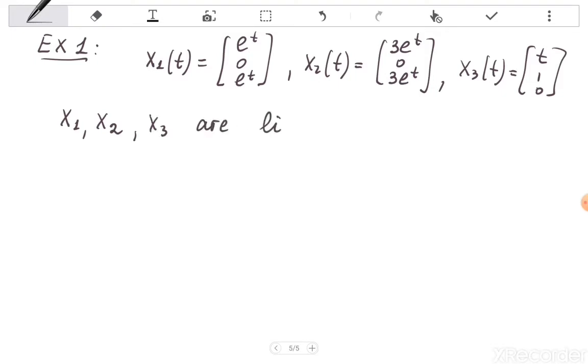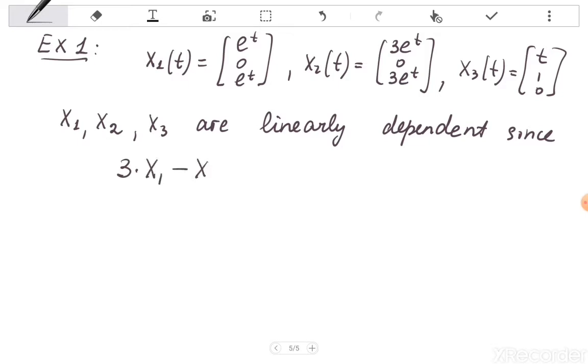They are linearly dependent since we can write 3 times x1 minus x2 plus 0 times x3 is 0.